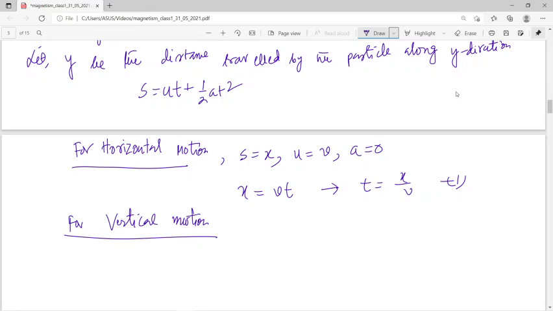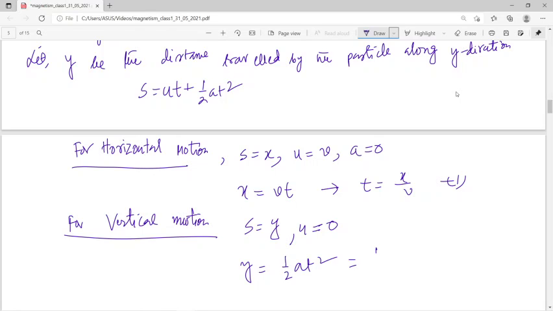when the particle is moving along the y direction, initially the particle was moving along the x direction, so the initial velocity along y is 0. Initially y is 0 as well, so if we put this in the formula we get half of at square.